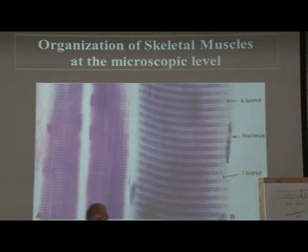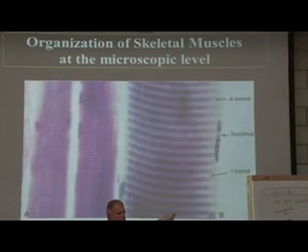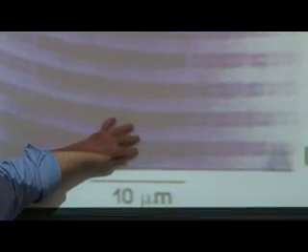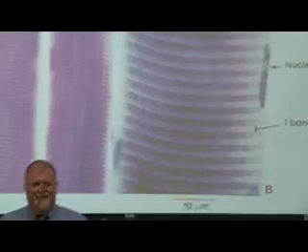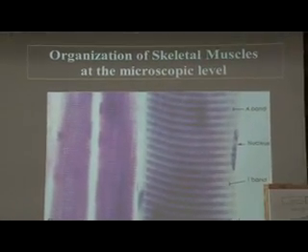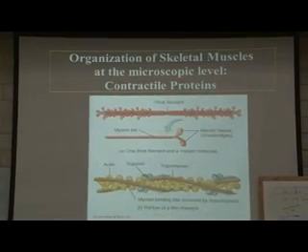Why am I seeing this lighter piece here in my A band? Because the myosin heads are all pointed to the outside edge, and the myosin tails are toward the center. And it's just a matter of how much protein material you have to absorb stain. Isn't that cool?